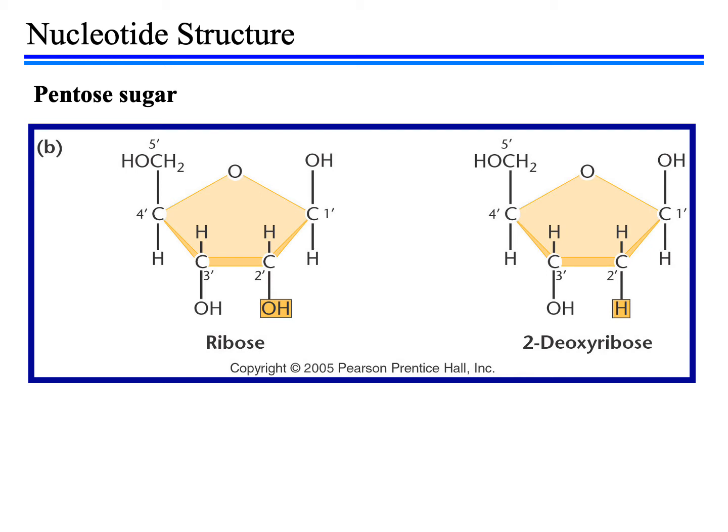The first component is a 5-carbon sugar, also referred to as a pentose sugar. There are two different types of pentose sugars that we can find in nucleotide structure. There is, on the left-hand side, ribose, and on the right-hand side, deoxyribose. If you look at the structures, they are almost identical.